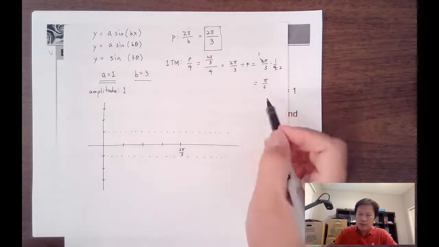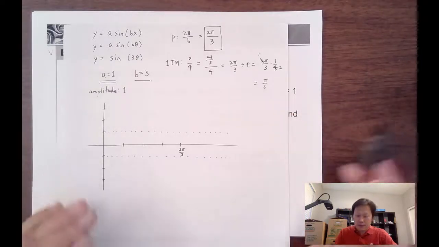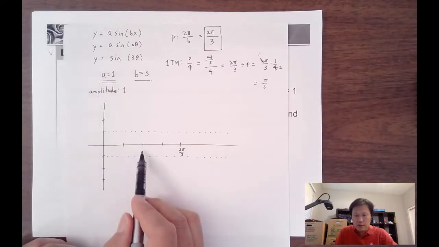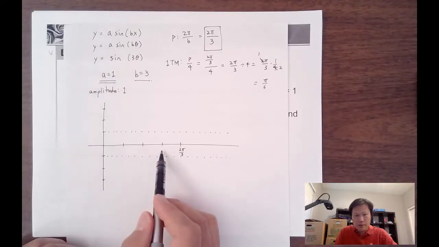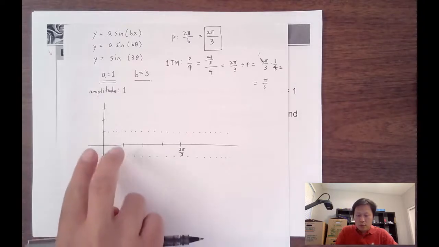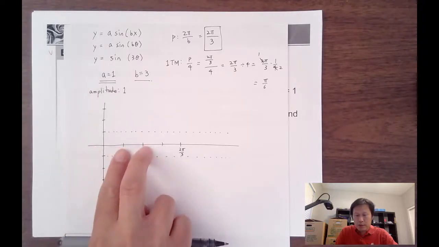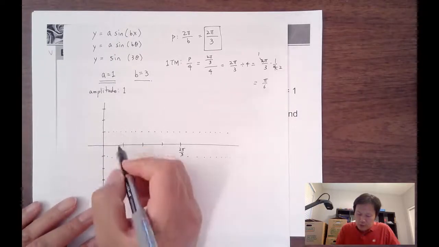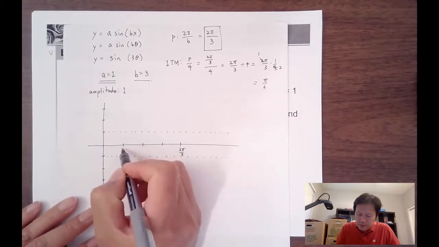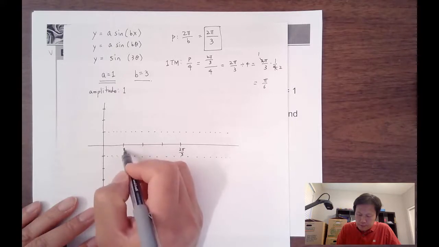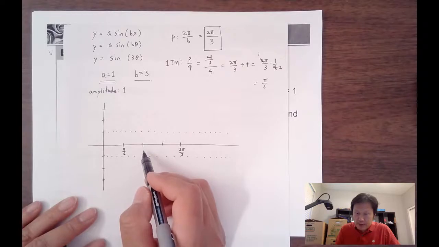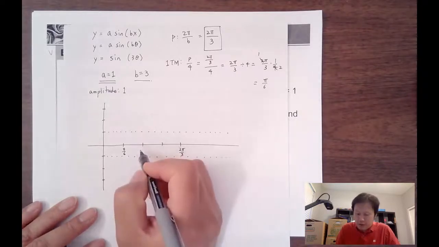Pi over 6 is the same as 1 pi over 6. Okay, so you're going to label this here as 1 pi over 6, 2 pi over 6, 3 pi over 6. So 1 pi over 6, this is another 1 pi over 6, so you will have to double. So it's going to be 2 pi over 6. If you simplify, that's going to be what?